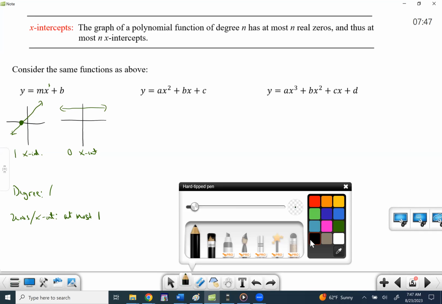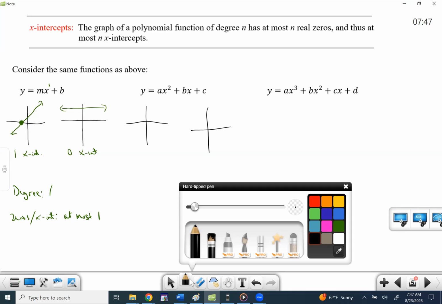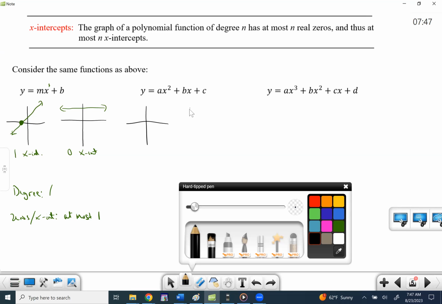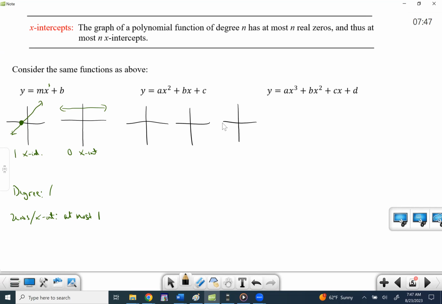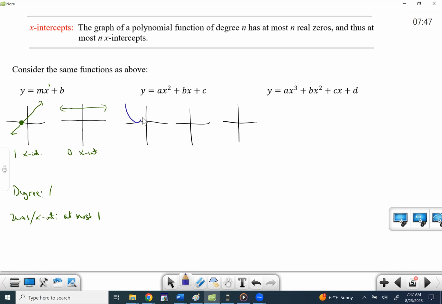Let's take a look at some quadratics. So we'll do kind of the same examples as last time. Actually, I want to do 3 examples for this, you guys. Let me draw these again, make sure I can fit 3 in here. All right. So I could have a parabola that comes down and just nicks the x-axis at one spot.